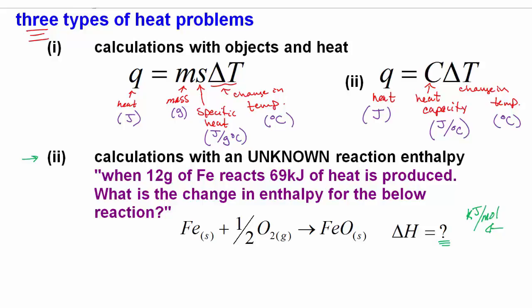So let's divide the number of kilojoules by the number of moles, and we'll get delta H. The number of kilojoules is 69, and it was given off, so it's negative. Now we calculate the number of moles. We know there's 12 grams of iron.